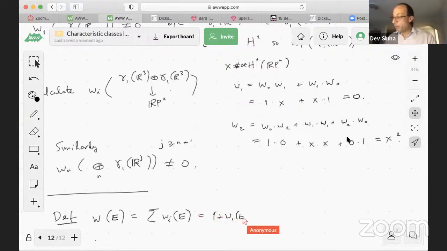So if I've got rank n, then these are the possible non-zero ones in the direct sum of the cohomology of whatever the base is.